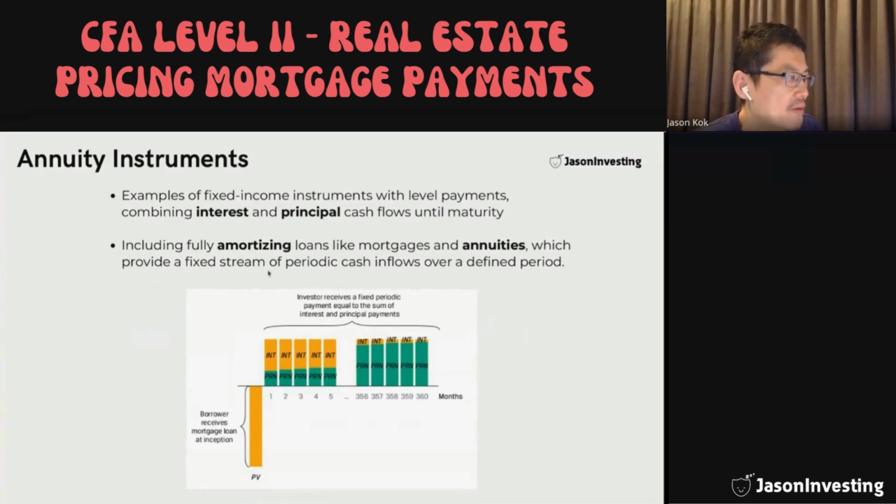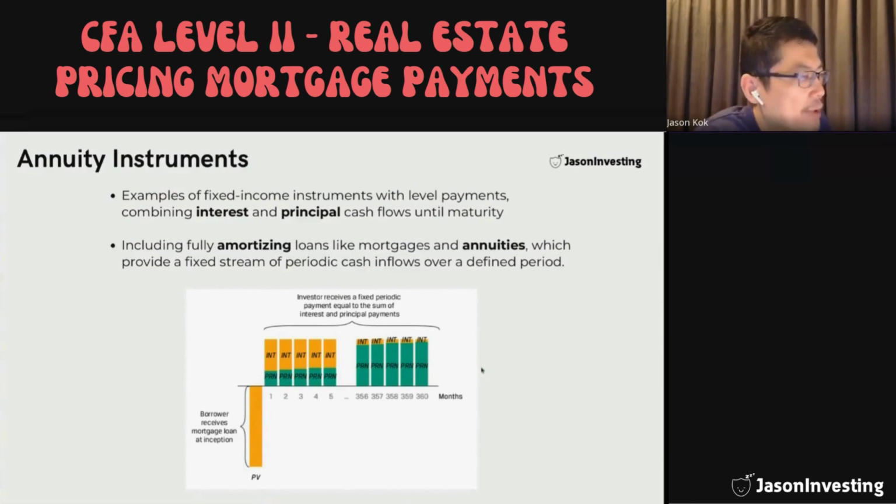So this is also called an amortizing loan because by the end of the maturity, you would have paid off everything. The loan will be the PV, the price that you pay at the beginning, or in terms of mortgage, the amount that the bank will lend you.